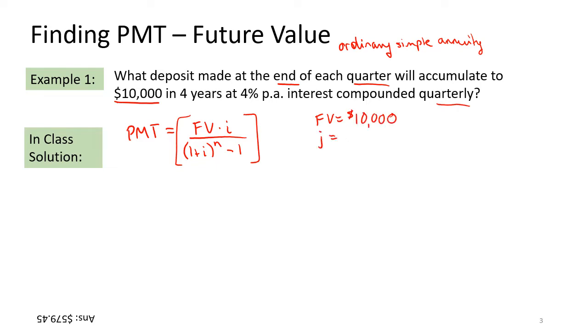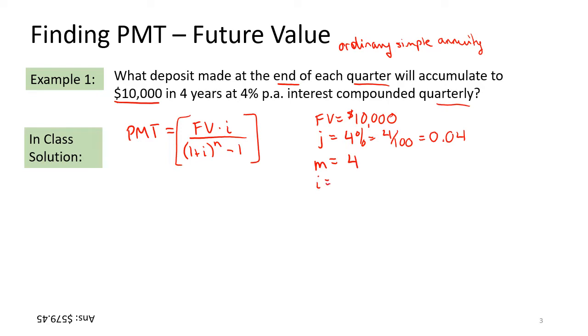Your nominal interest rate is 4%, which is 4 divided by 100, removing the percentage sign, which is 0.04. Your number of compounding periods per year, M, is 4 because it's given as quarterly.